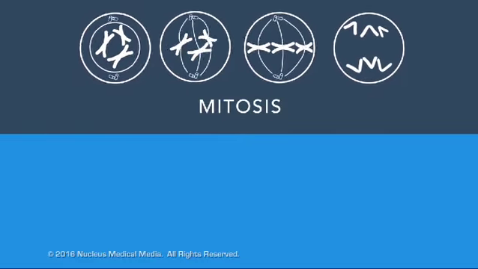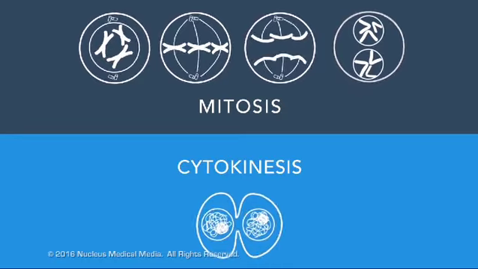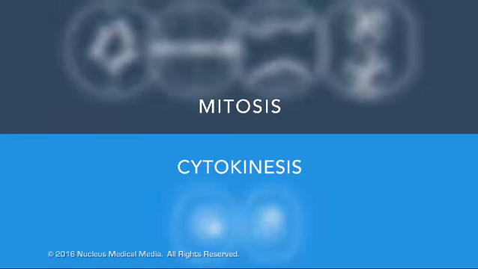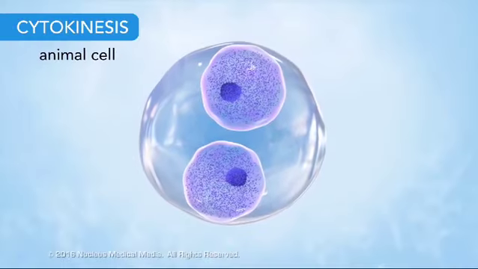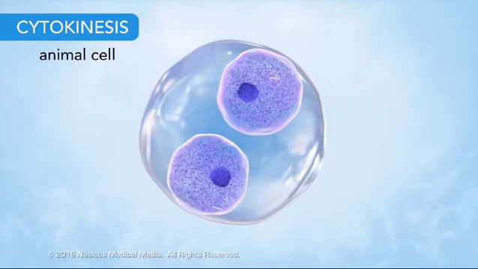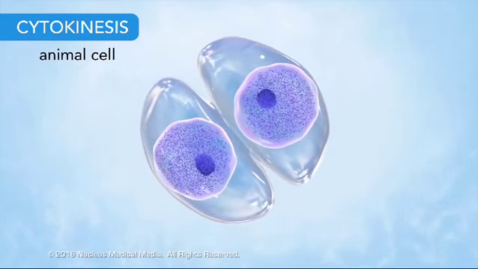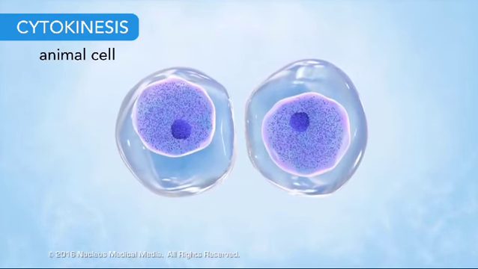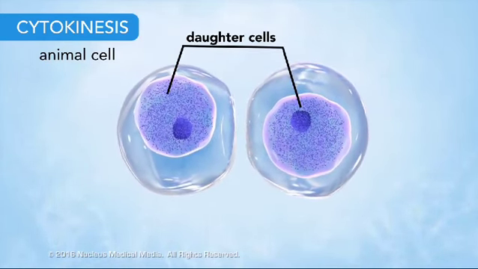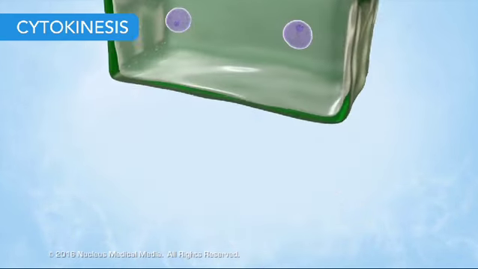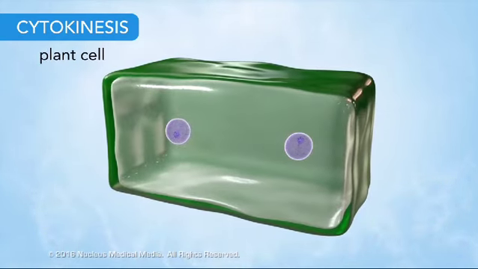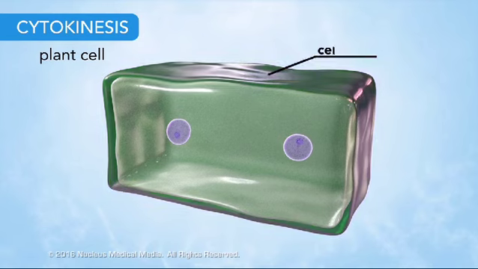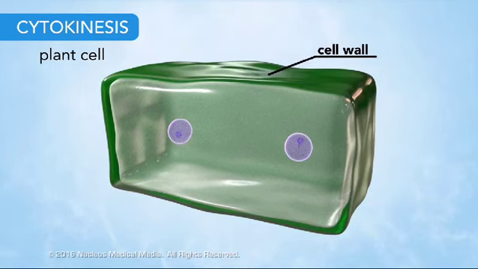The final step of the M phase is cytokinesis, the division of the cytoplasm. In animal cells, cytokinesis occurs through the inward movement of the cell membrane. This progressively pinches the cytoplasm until 2 identical daughter cells form. In contrast, plant cells can't pinch in 2 because they have a rigid cell wall surrounding their cell membrane.